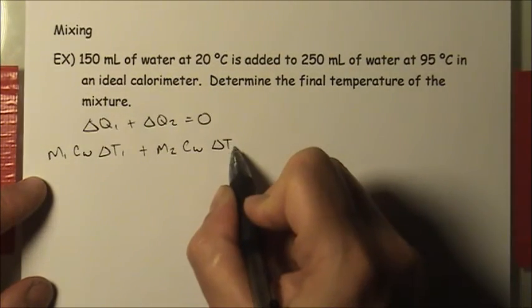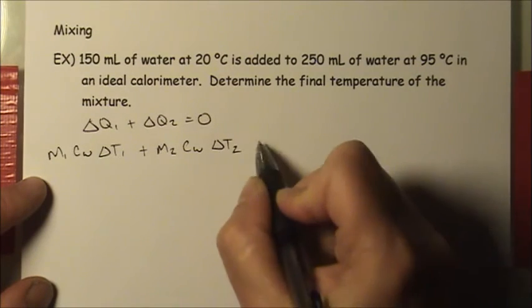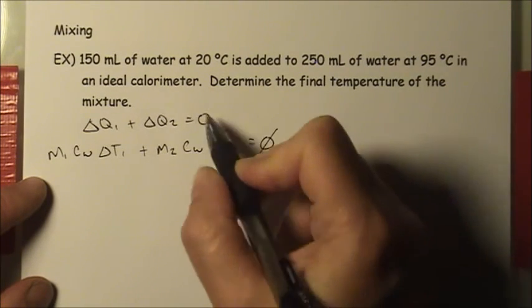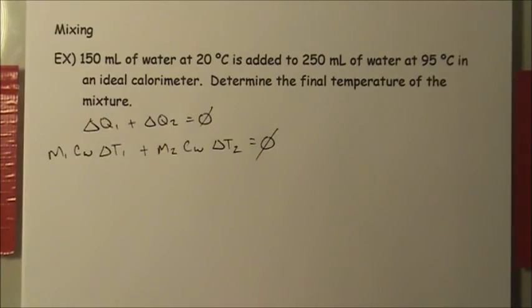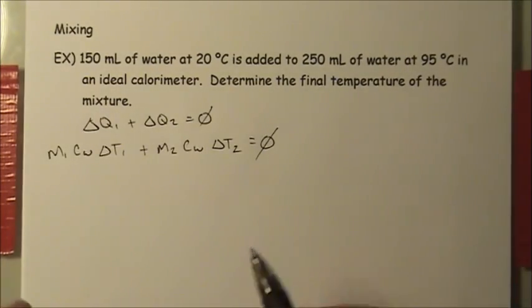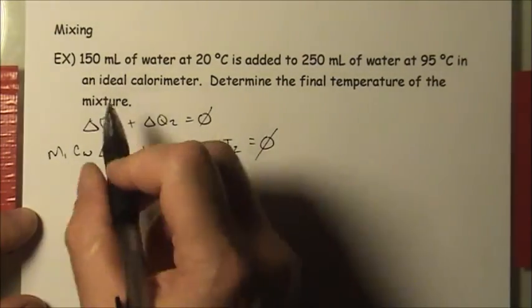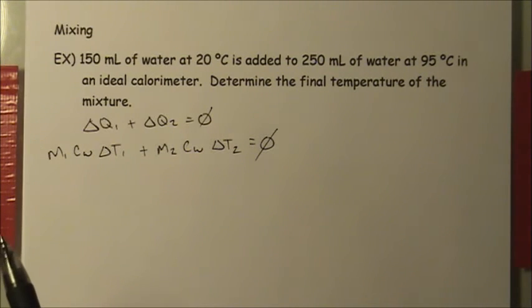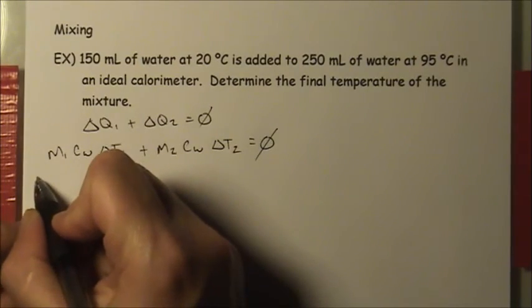He has a different change in temperature. That must all be equal to 0. All the numbers I have are right here. Remember, a liter of water is a kilogram, so a milliliter of water would be 1 gram.